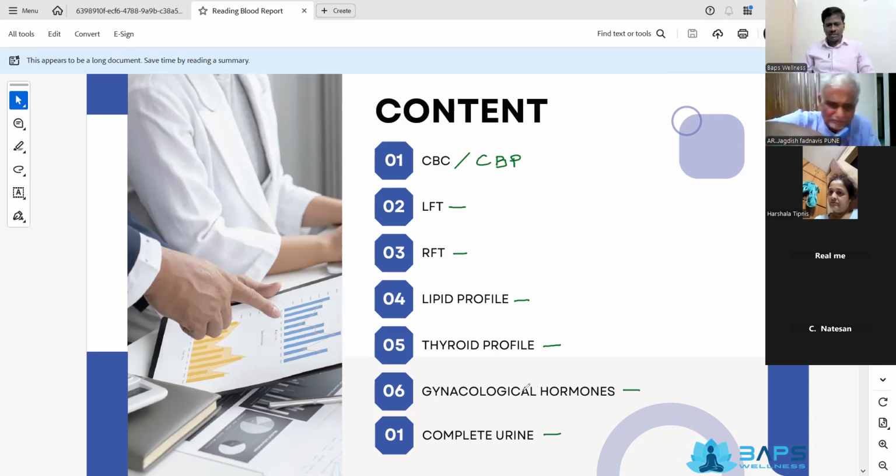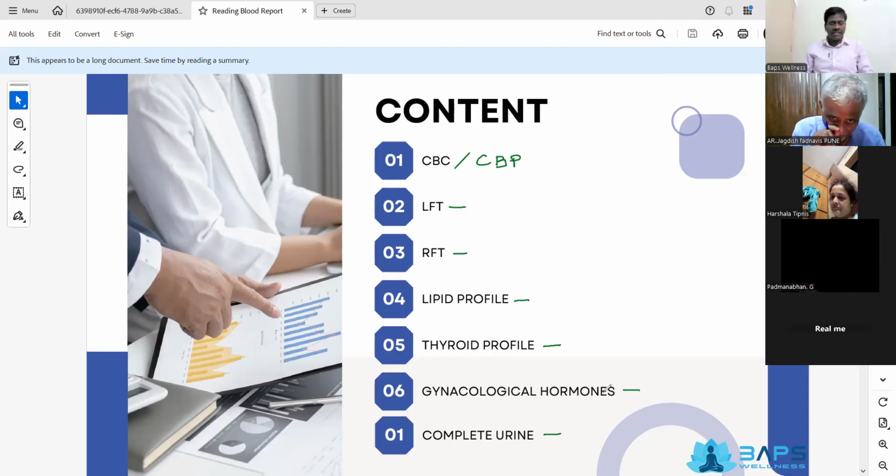We will see all those things individually when we are seeing the hormones, that is gynecological hormones. In the gynecological hormones, we will see normally estrogen, progesterone, and then LH and FSH. FSH is follicle stimulating hormone. LH is luteinizing hormone. What is the role, from where it is secreted, how it is secreted, all those things we will see.